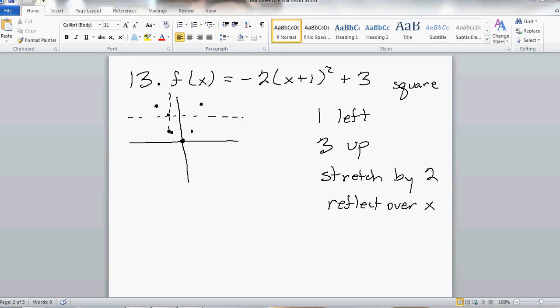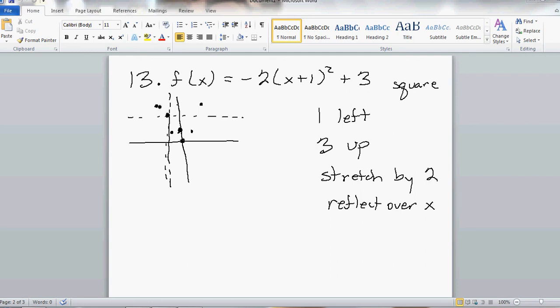And I'm going to create a whole new set of axes, because now I can treat this as if I've done all the shift here. So my original points would be here, and then up 1 over 1, over 2 up 4, the same, except I need to do a couple things. First of all, I need to stretch by 2, so stretching this one by 2 would go up to 2, but then I have to reflect it over the x-axis, which will put me down to right there.